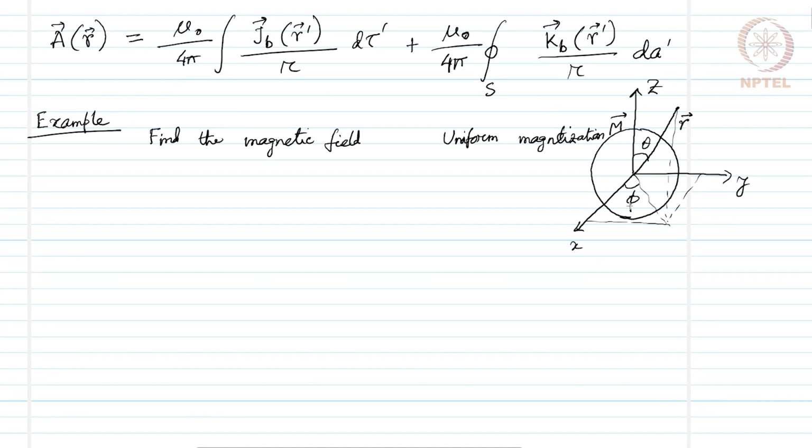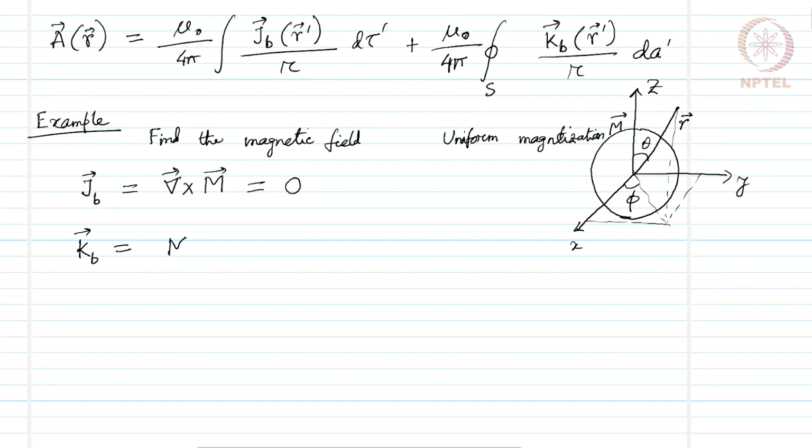Now let's try to find out the volume bound current. That would be curl of the magnetization. Now our magnetization is uniform, it's constant in space and it points along one direction. So the curl or any such derivative will go to 0. How about the surface bound current density?